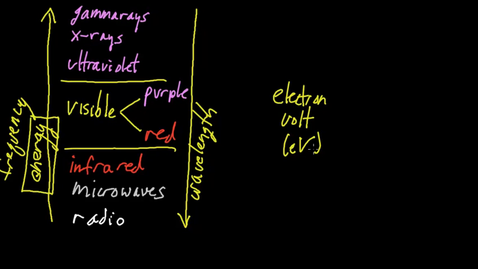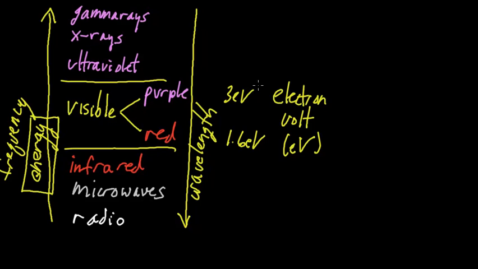The visible range goes from about 2 to 3 electron volts, with red being about 1.6, 1.7 eV. Purple is about 3 eV, and so on.